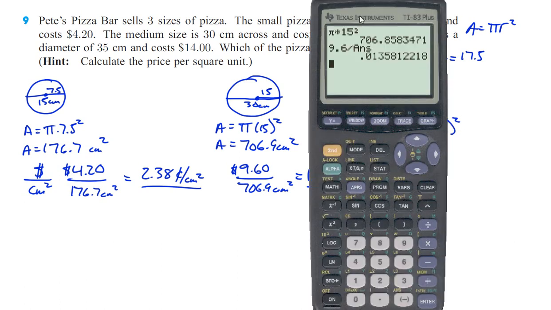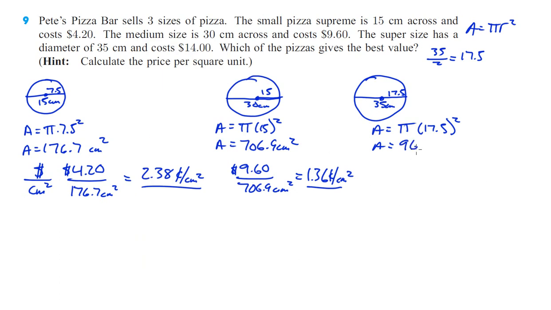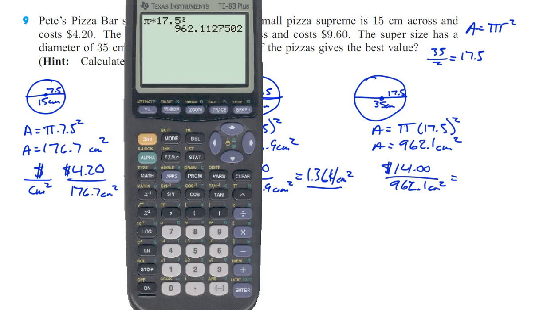Pi times 17.5 squared gives us 962.1 square centimeters of pizza. Then we take our total cost for that, which is $14, divided by 962.1 square centimeters, and that's going to give us our total cost per square centimeter, right?